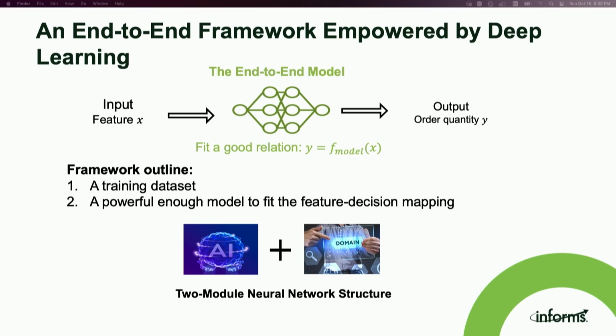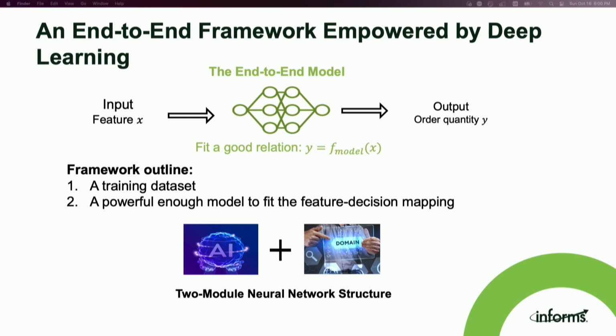So in this end-to-end model that I'm presenting here, there are not many constraints on the decisions because we're considering this single item, single location, multi-period replenishment problem.